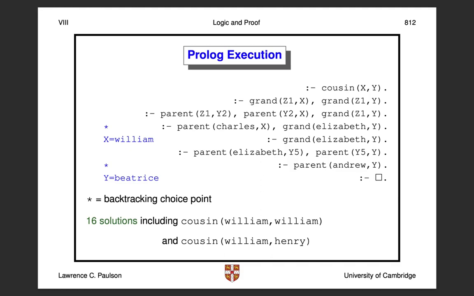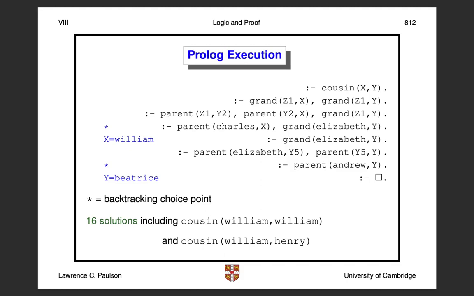Okay, then, we want to show that X is cousin of Y. We don't even know what X and Y are. The various answers returned by the Prolog system will be, so it's not only proving the theorem, but it is also creating instances of the theorem at the same time, and therefore answering questions for us.